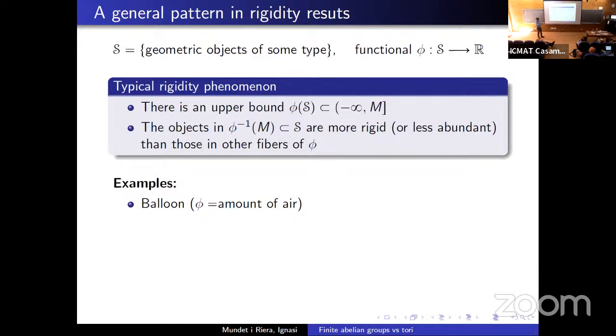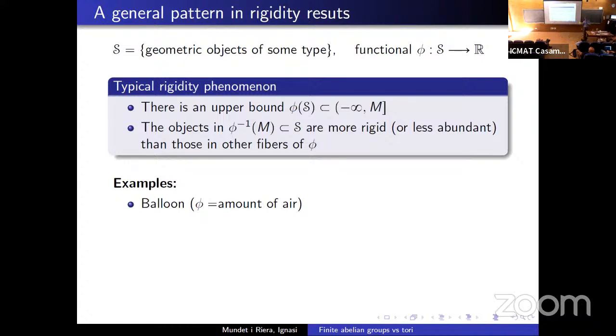And now, when you are far from this limit, the balloon is flexible. If you put some air, let me try. Still, it is flexible. But if you put more and more air, well, let's suppose that this is the maximum. I don't want to have bad surprises. Then the balloon becomes rigid. Okay? So this is an example of this phenomenon.